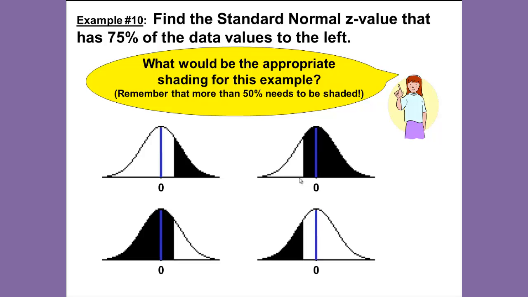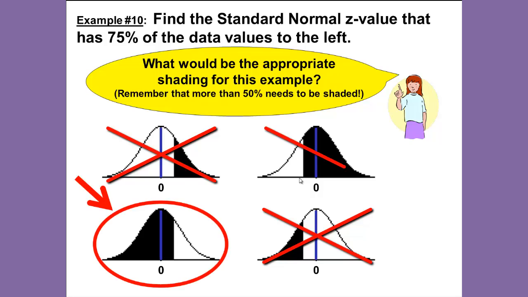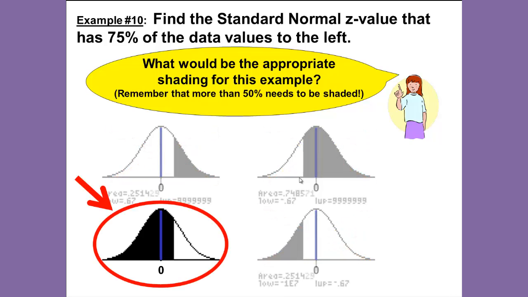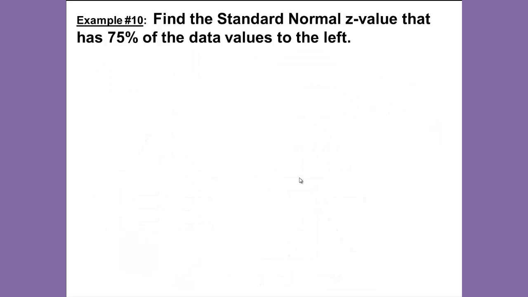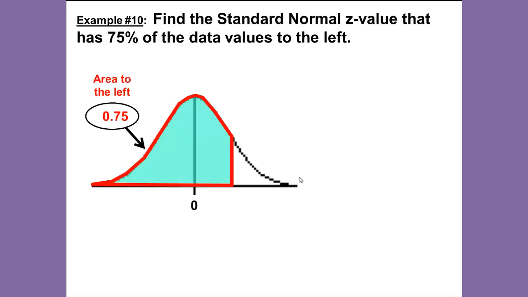Again, let's mark off the 2 that are less than 50%. And again, we need to shade to the left so we have our appropriate graph. Draw your graph. That's the area to the left.